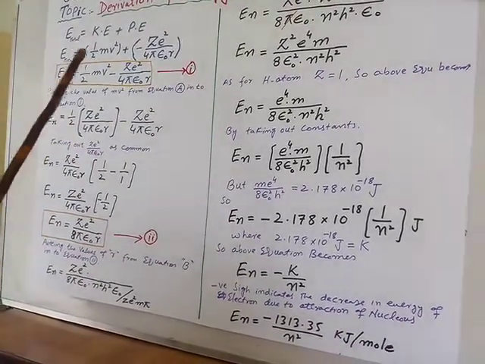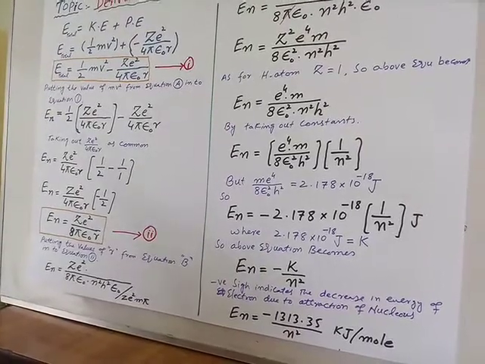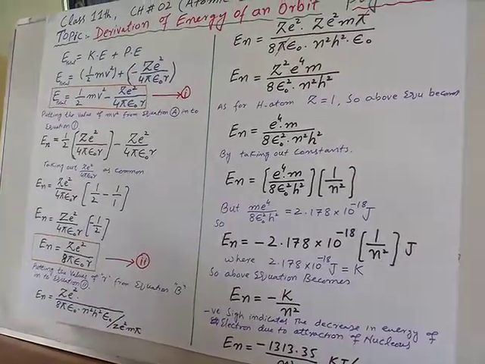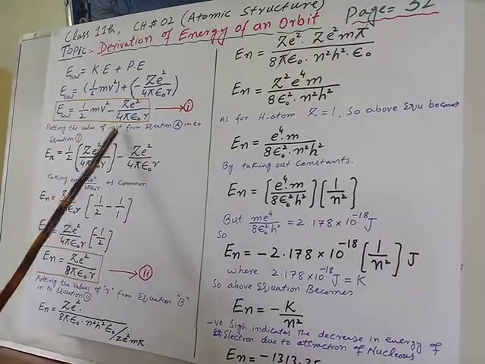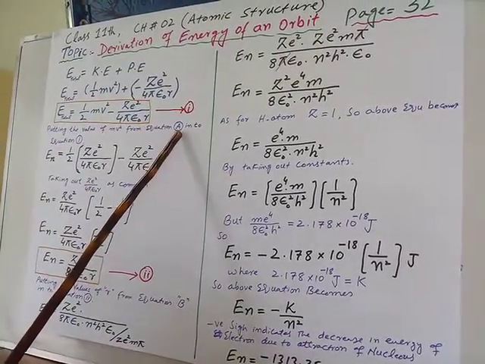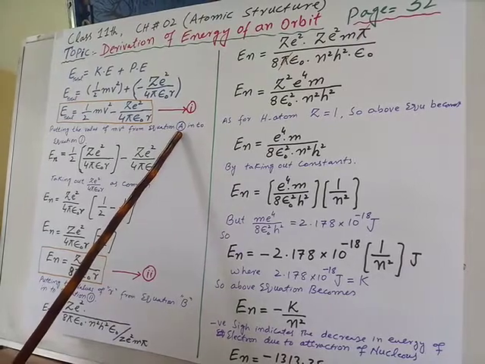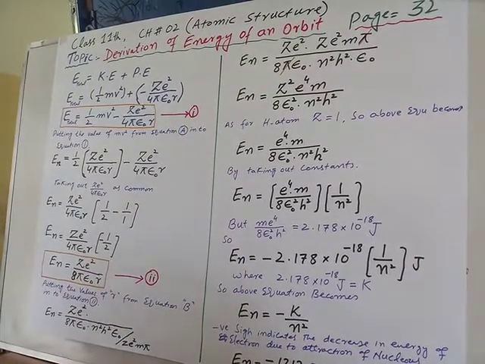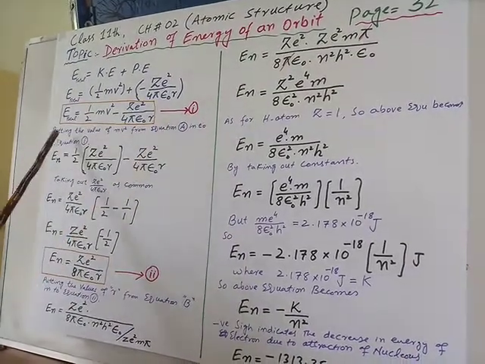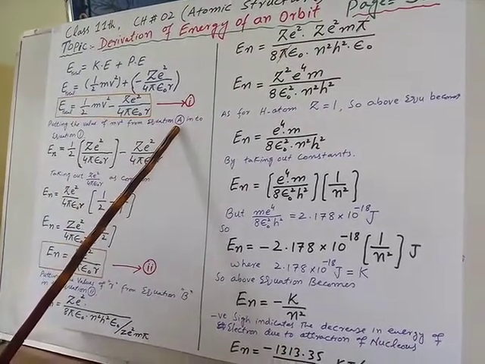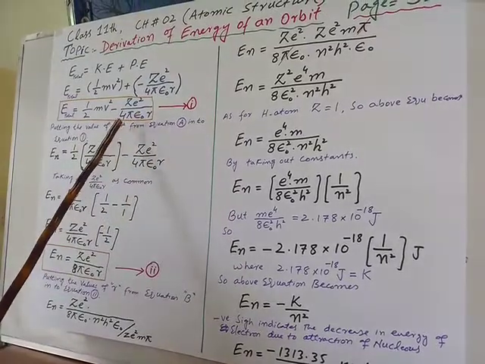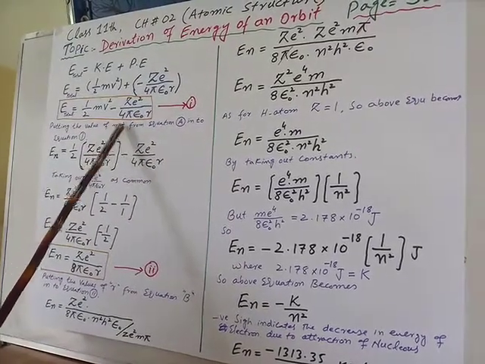Now we have to go back to our previous topic, which is the radius of an orbit. I told you about equation A, and I also told you that this equation will be used later on. So now we are going to use equation A, which was actually the value of mv square.